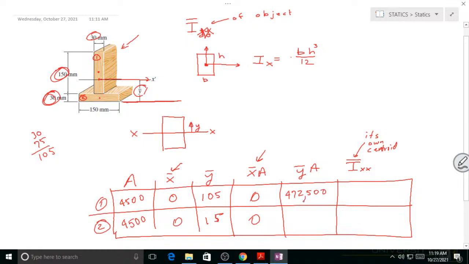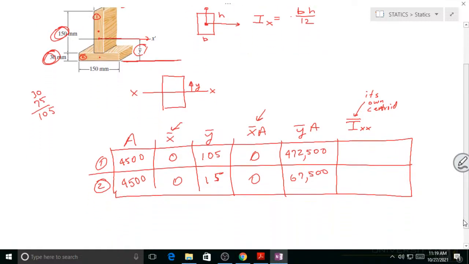And 4,500 times 15. 6, 7, 500. Now, add this up, and I get 9,000. Add this one up, and I get that plus 4, 7, 2, 500.